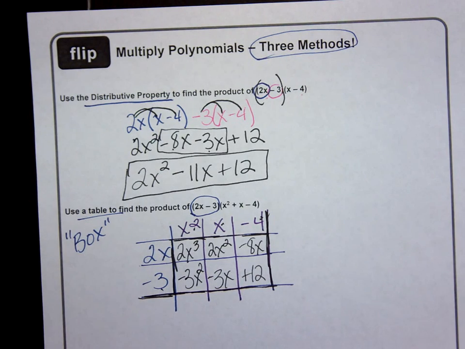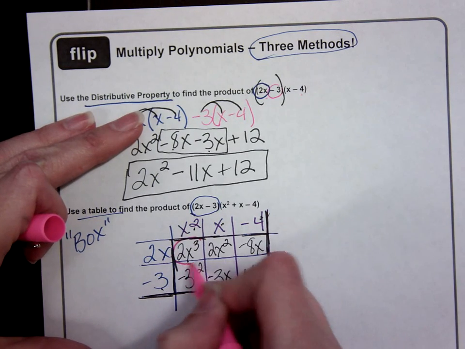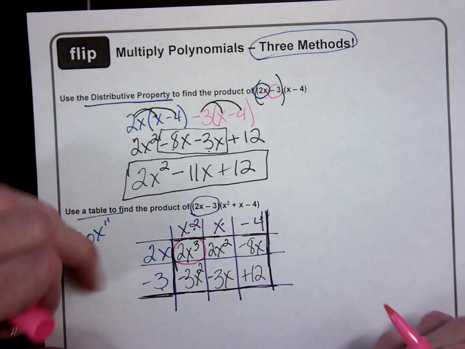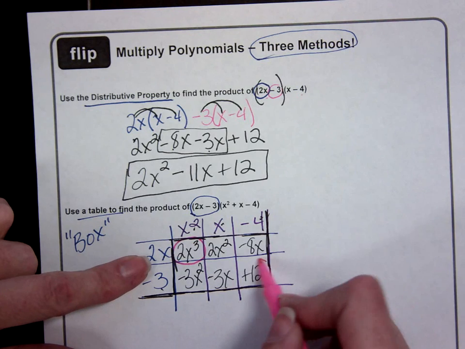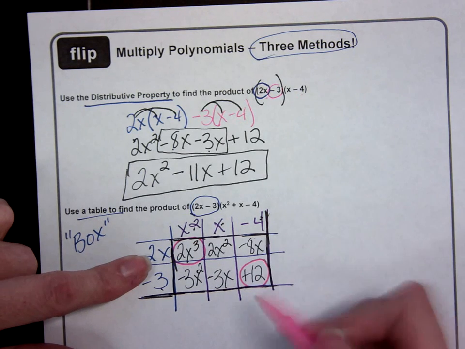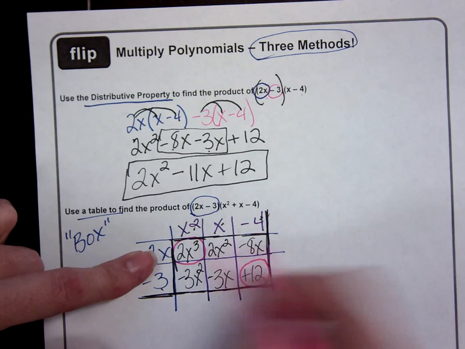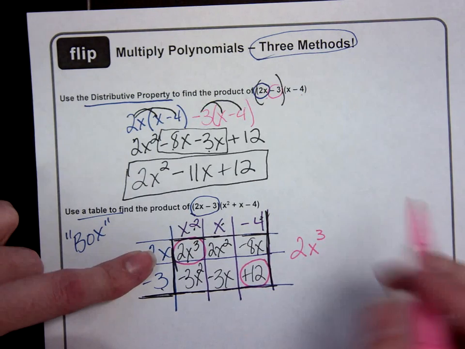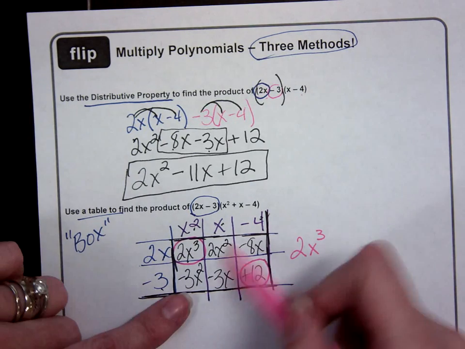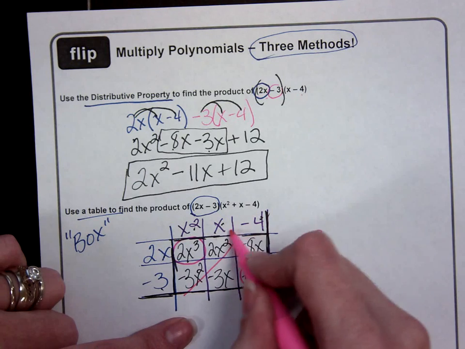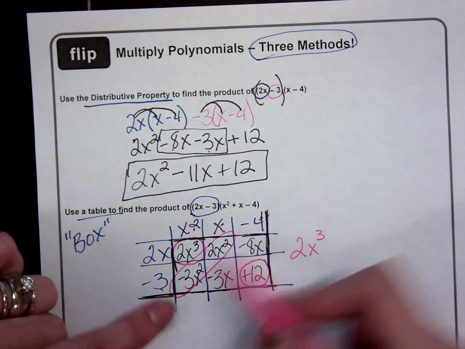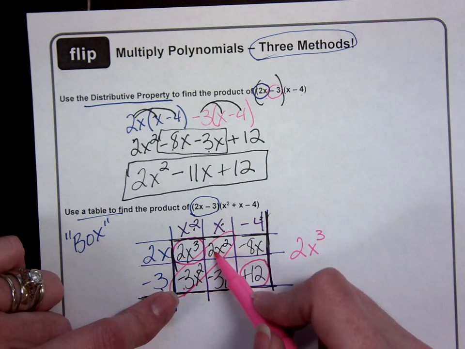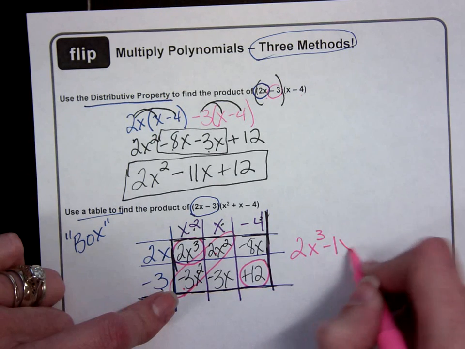Okay. Now, if we've laid things out in order and been really careful about it, when I start looking for like terms, I'm going to have these opposing corners that don't have any like terms. So I can go ahead and write down the 2x cubed. And then look at what happens diagonally. There are my x squareds. So negative 3 plus 2 is negative 1x squared.